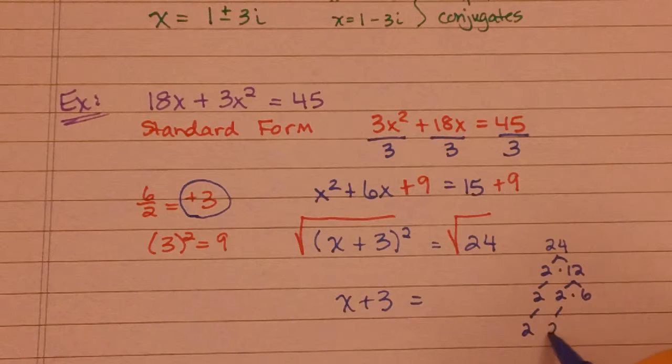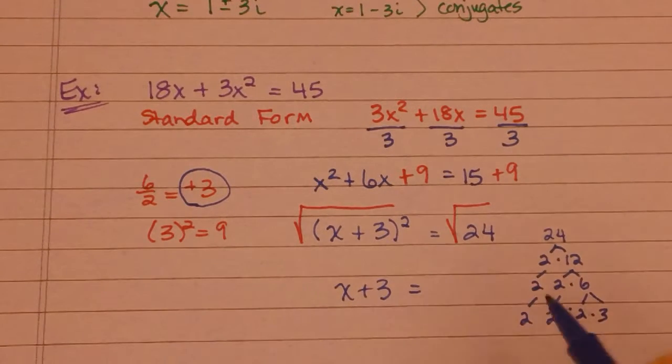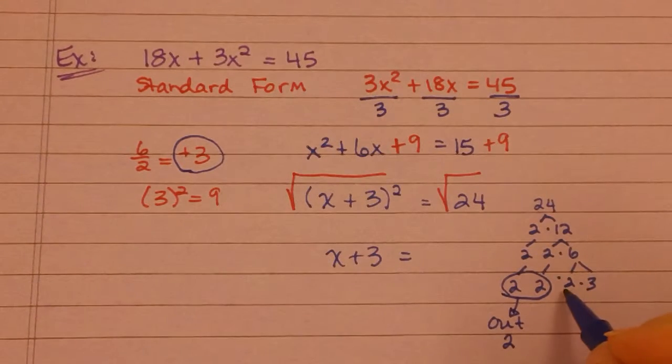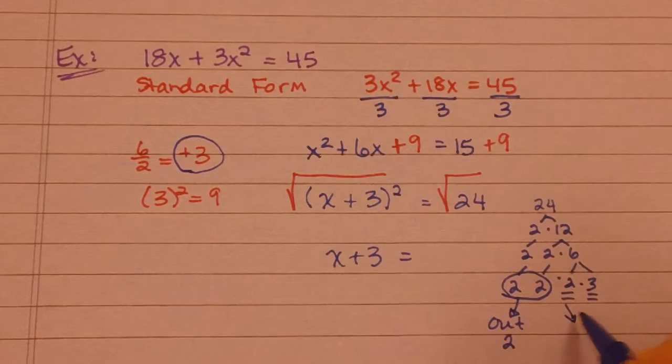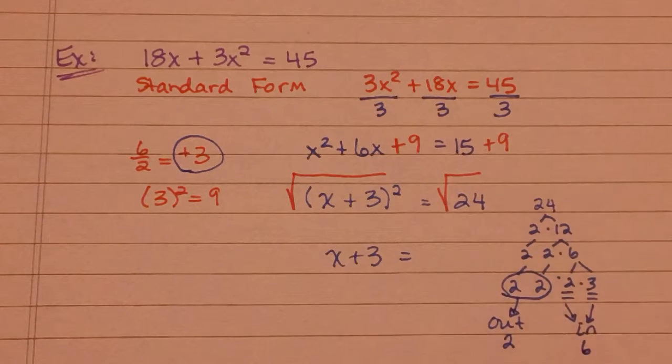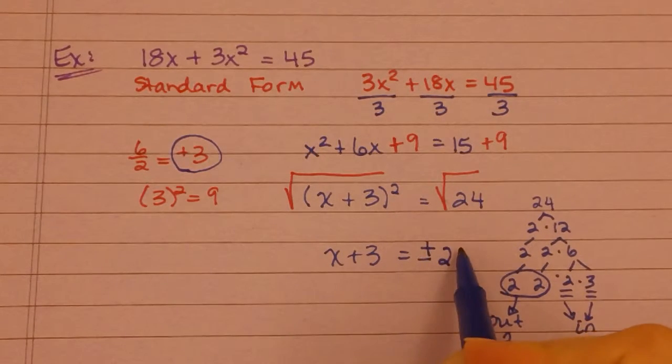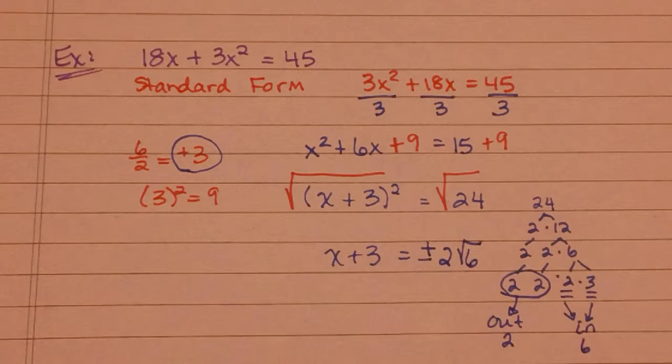So we have 2 times 2 times 2 times 3. So this pair of 2's comes out, turns into a 2. This 2 and this 3 both stay in, and it becomes 2 times 3, which is 6. So I will have plus or minus 2 square roots of 6.